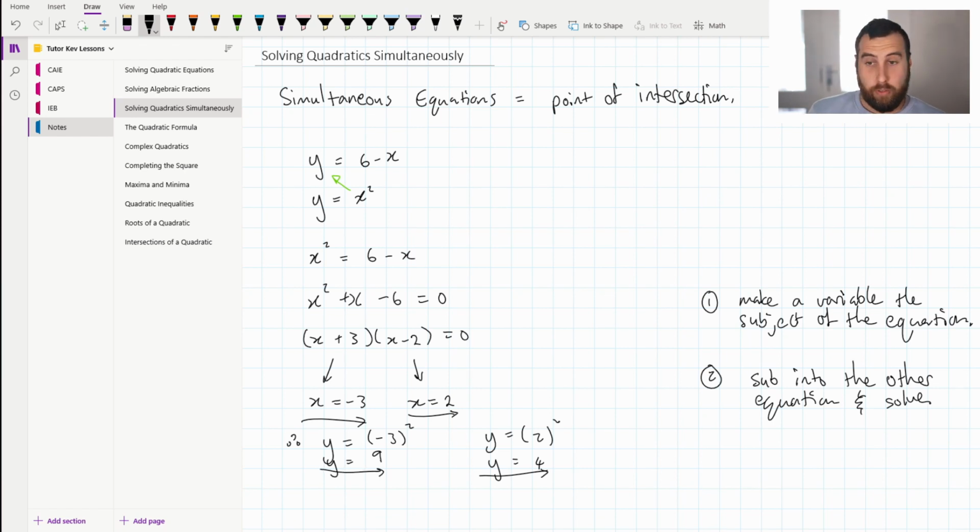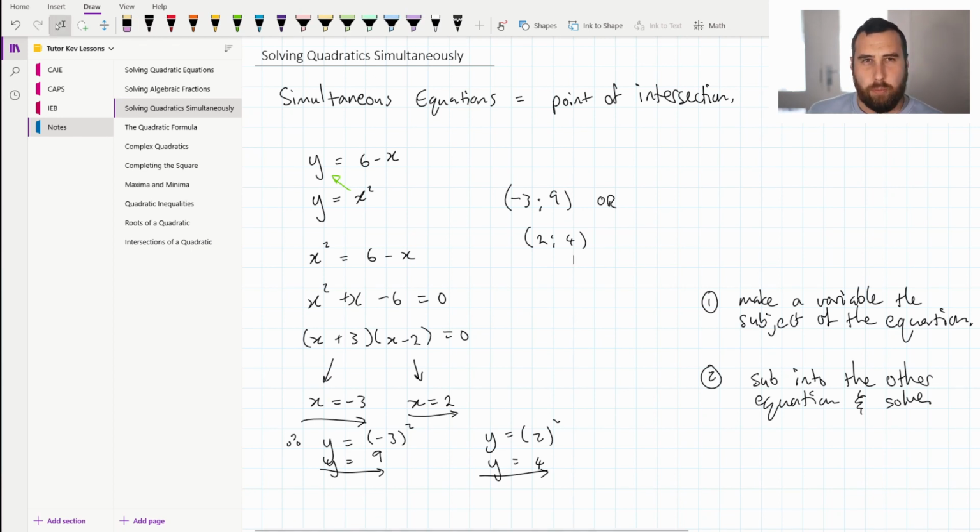And those are the solutions for this pair of equations. What I like to do is write these as solution pairs. So I'm going to have minus 3 and 9, or 2 and 4. And those are my answers to this pair of equations.